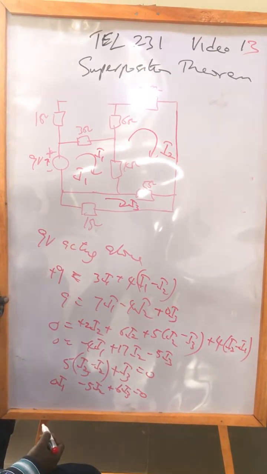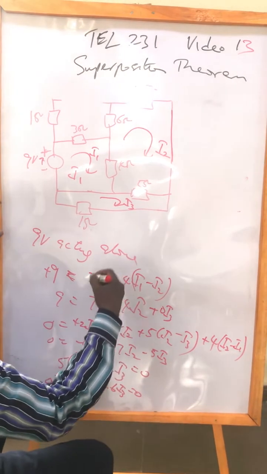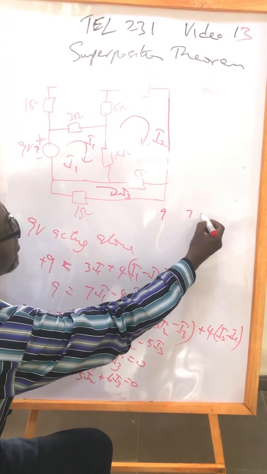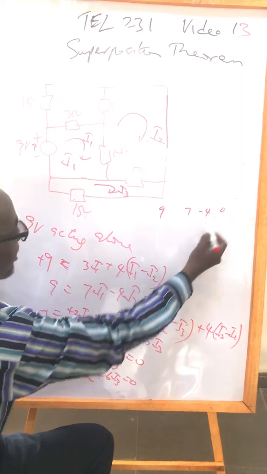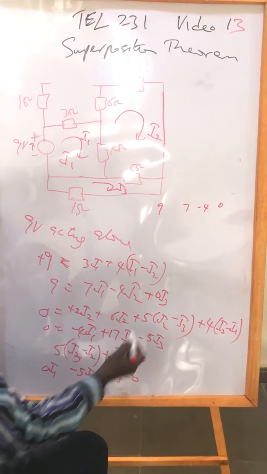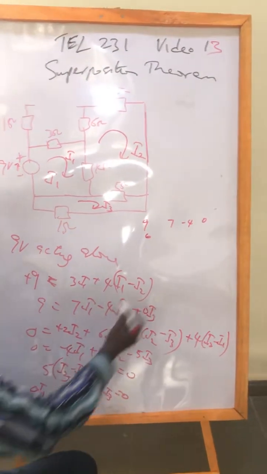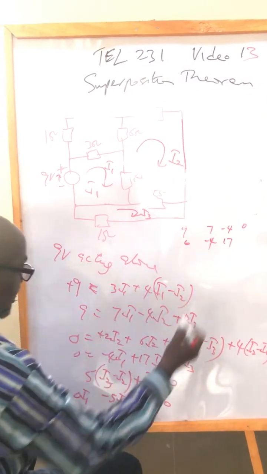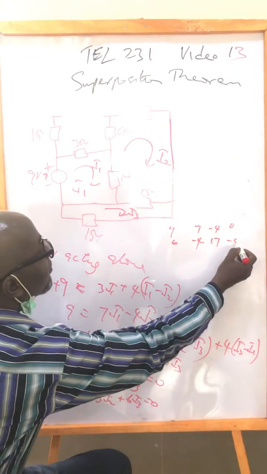So I can reduce it to matrix form. So this will be like 9. This will be 7. This will be minus 4. This will be 0. For the next equation, this will be 0. This will be minus 4. This will be 17. And this will be minus 5.